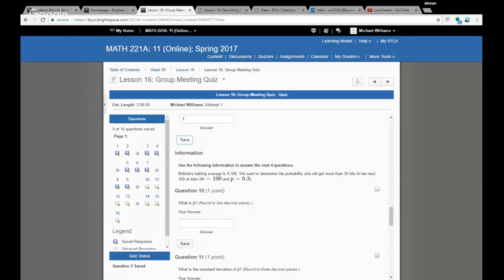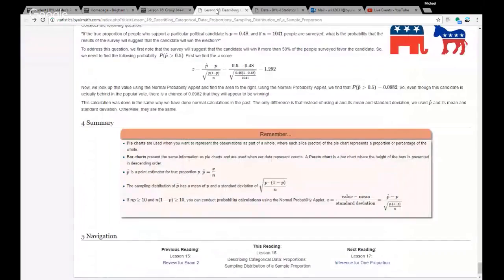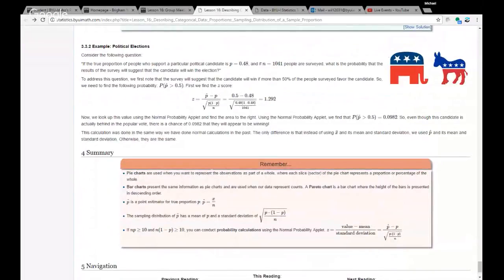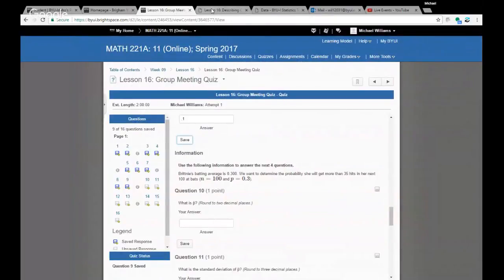That's how many hits she got. We want to know the proportion, so you're going to take 35 divided by 100. So 0.35. It says rounded to 2 decimals. I think that's what we're looking for.